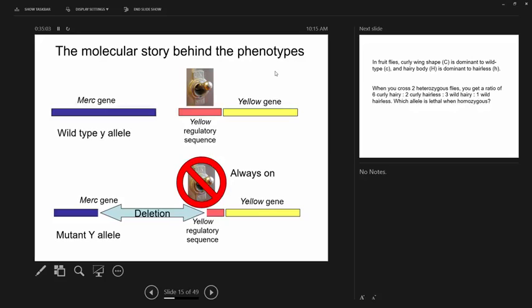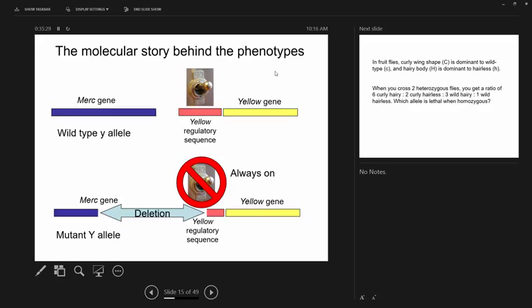But because in the heterozygote you have one good copy of the Merck gene, they get to live. If you are homozygous for this chromosome, you have 2 copies of this one up here, you are the non-yellow mouse because regulation of the yellow gene is fine. If you get 2 copies of this, that's the big Y allele down here, then you're in trouble.